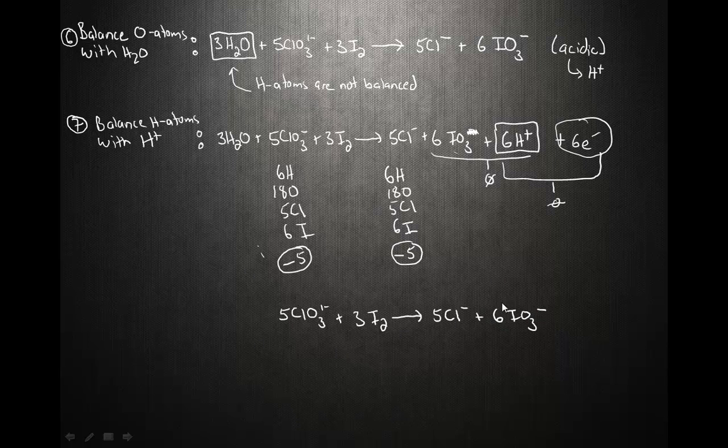I've got 18 oxygens on my product side and only 15 oxygens on my reactant side. So I know I need more oxygens over here. And how do I balance them? With water. So what I would just do is not rewrite this thing again. Just put H2O and the number that you need, which in this case is 3, on the reactant side.